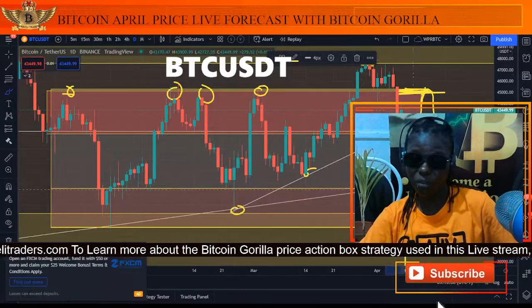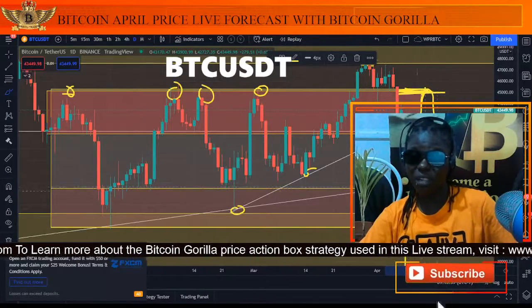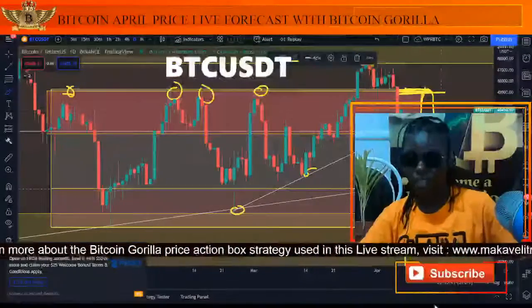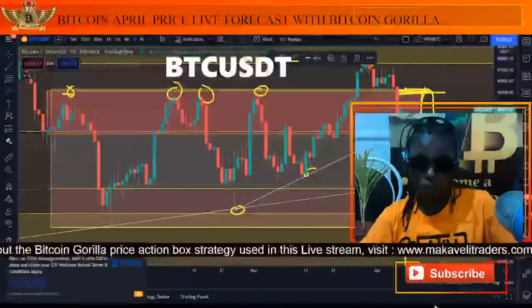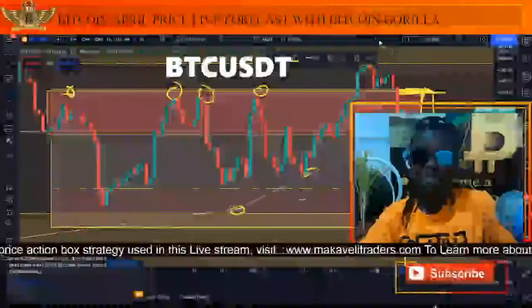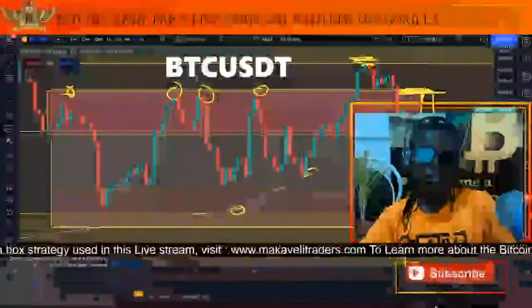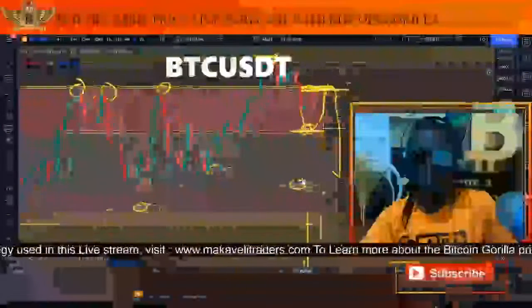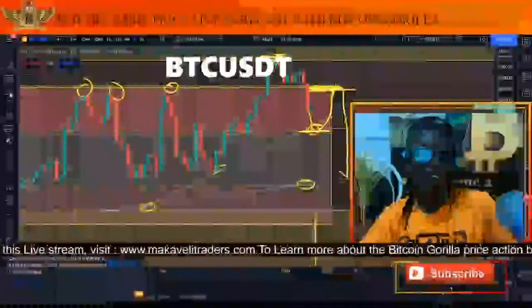I like putting it on my box. They could pierce that line to touch my box. So my box is saying 36,400 is the support range, right? So they could get back to that 36,400, and my line is just around it. So around this zone, they could get to that point.